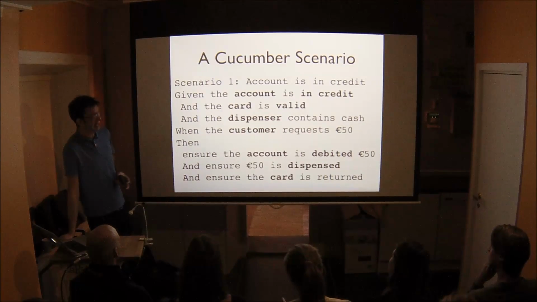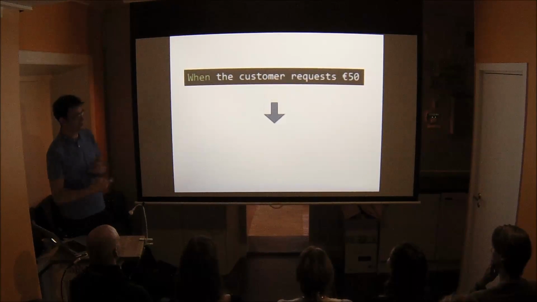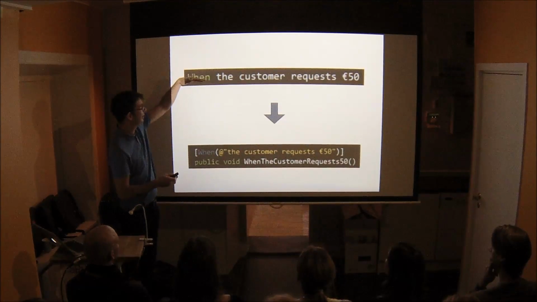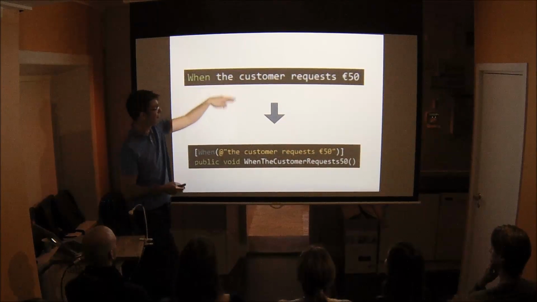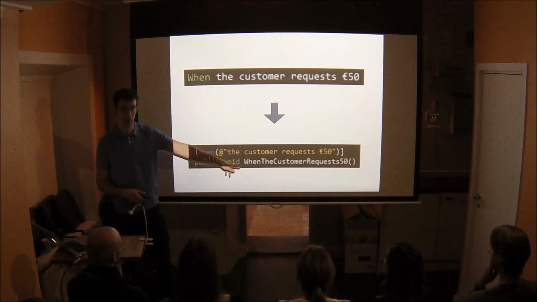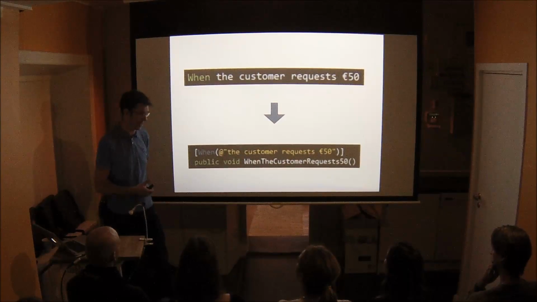So we can actually execute this, and it's really simple, in fact, because every step in our scenario, every line is known as a step, and for each line, Cucumber will call into your code. So you write code that is executed for each line. So it's really simple.